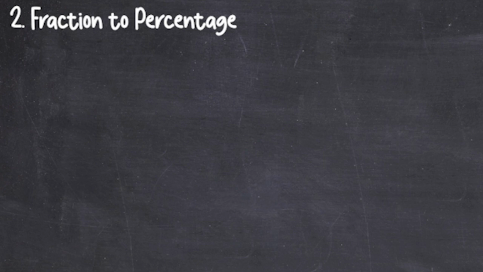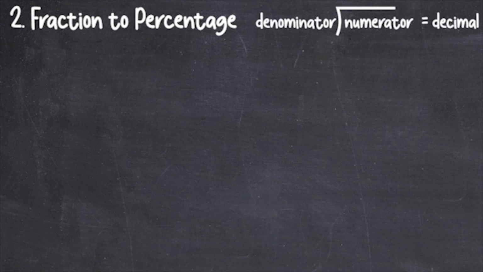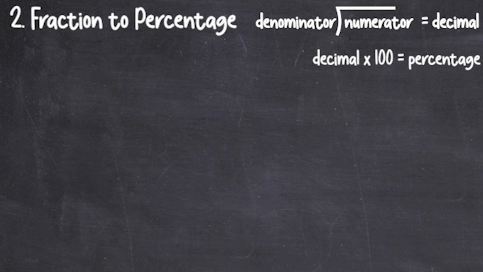To convert a fraction into a percentage, there are a few more steps to follow. First, divide the numerator by the denominator using long division. This will give us a decimal number. Next, multiply the decimal number by 100 to find the corresponding percentage. Take the fraction 5 over 8.